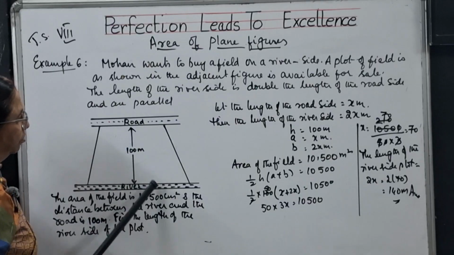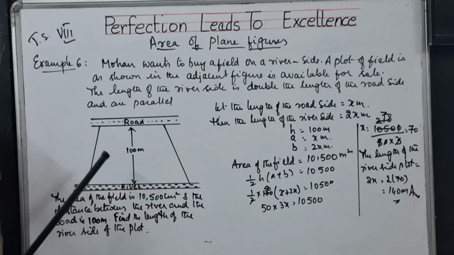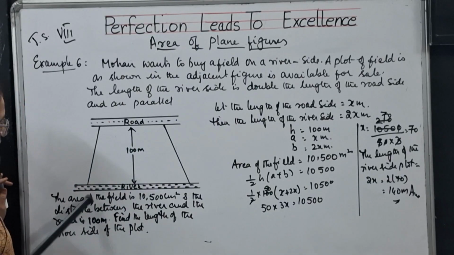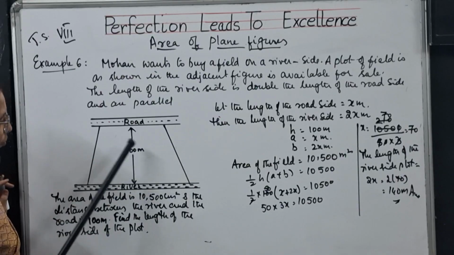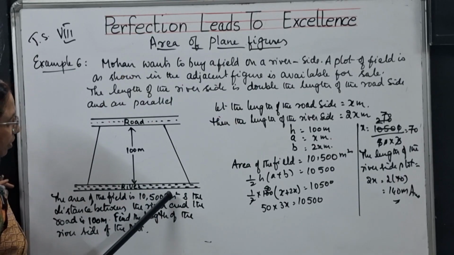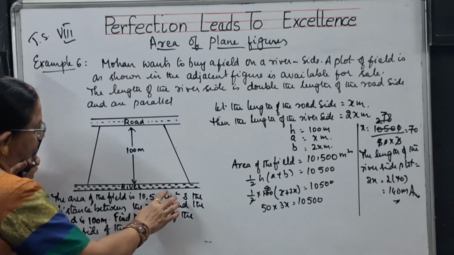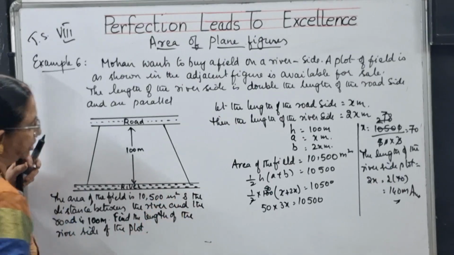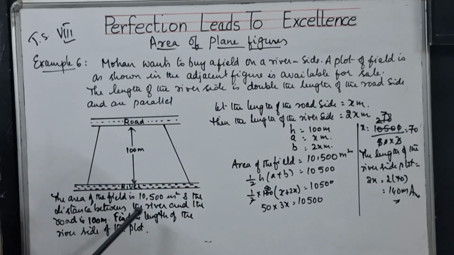And these two are parallel. And the whole field area is 10,500 square meters, children, not centimeters, square meters. And the distance between the river and the road side is 100 meters. Find the length of the river side of the plot.